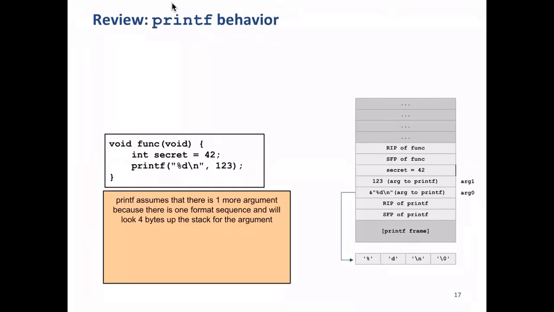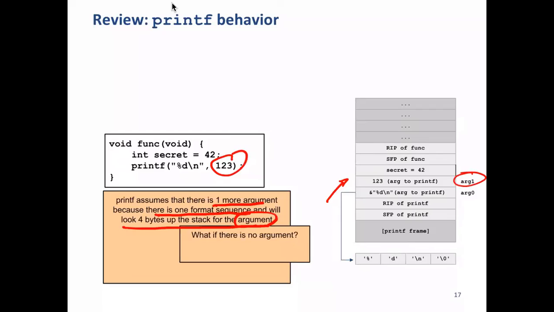printf assumes that there is one argument, because there is one format sequence, and it will look 4 bytes up in the stack for the argument, the one we discussed just now, and print argument 1 out. All right.